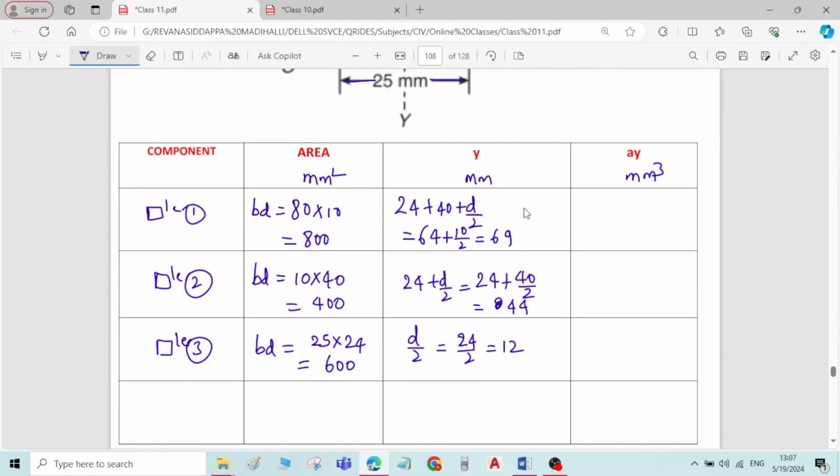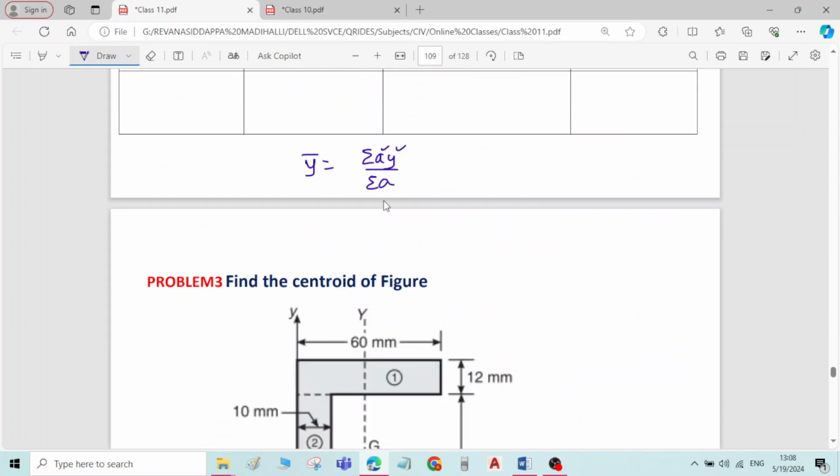Now you multiply area and y. 800 into 69, you will get the answer as 55,200, and 400 into 44, you will get 17,600, and 600 into 12 is 7,200. Now in this formula we have sigma ay by sigma a.